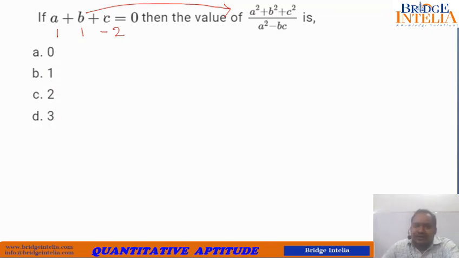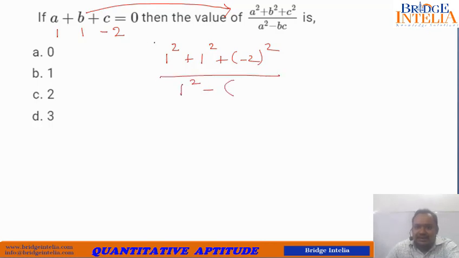So now let's do it. In place of A I am going to write 1, in place of B I am going to write 1, and in place of C I am going to write minus 2. As simple as that. Now let's see what our expression becomes. It now becomes 1 square plus 1 square plus minus 2 whole square, whole divided by A, which is 1, so 1 square minus BC.